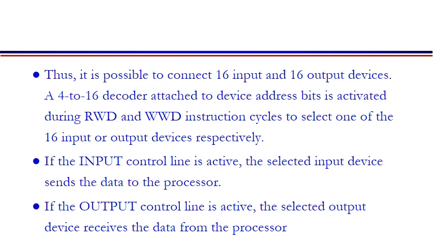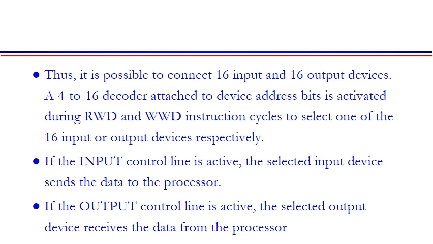So these input and output devices will be selected by the 4 to 16 line decoder. There are 4 inputs and 16 outputs of this decoder. So whenever a device is selected, that particular line will be activated or high, which will be connected to the input output devices.